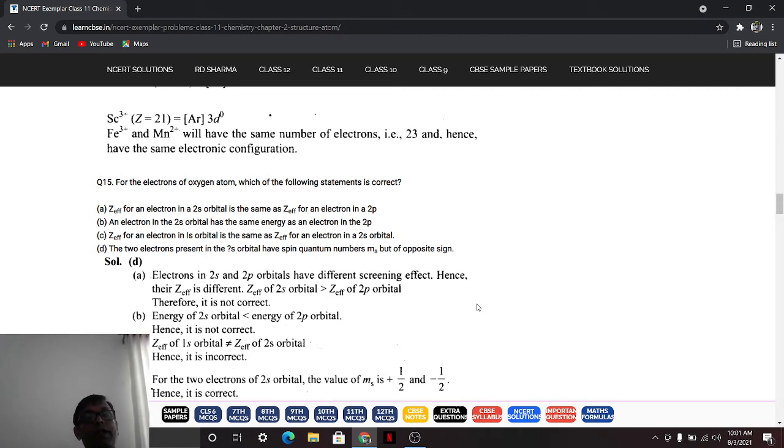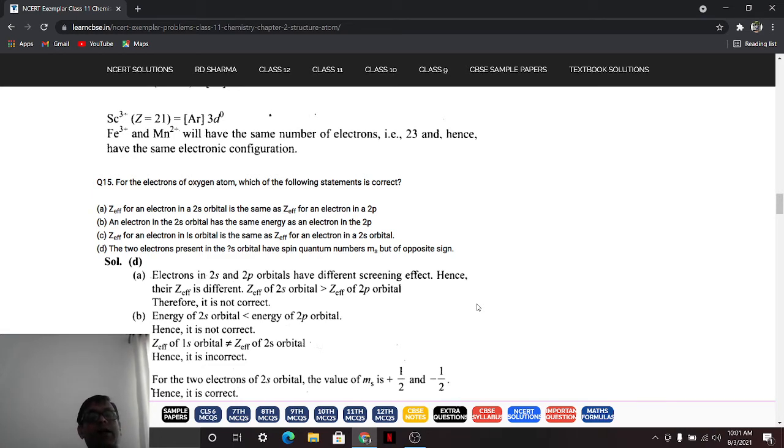An electron in the 2s orbital has the same energy as an electron in 2p. Z effective for an electron in the 1s orbital is the same as Z effective for an electron in the 2s orbital. The two electrons present in the 2s orbital have spin quantum numbers ms of opposite sign.